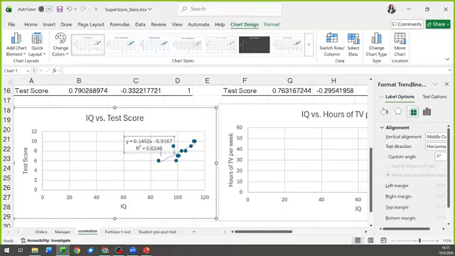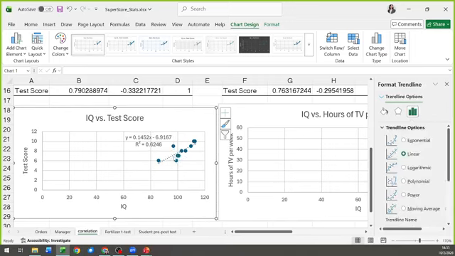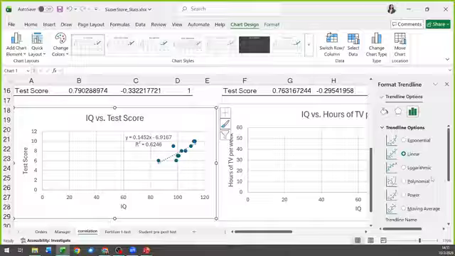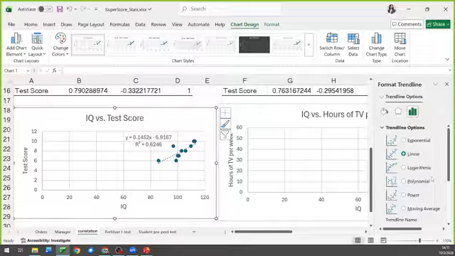You can move it. So right now, with this line, the linear equation is 0.1452x minus 6.9167. Given an x you input to the equation, you get the y on this line.